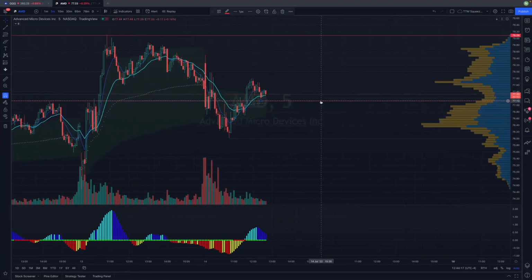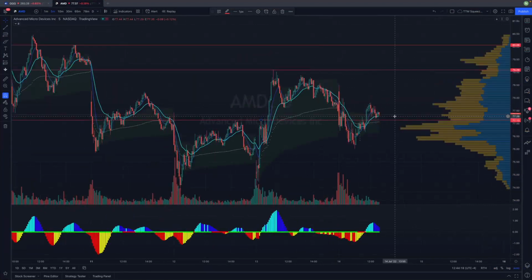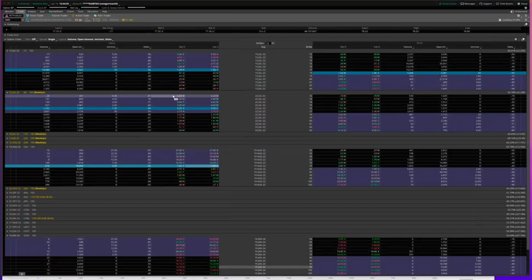If that's my strategy right now, which I don't recommend, by the way, I'm just picking an idea out of the air. I don't think that's actually going to happen. I can come into my option chain and, if I think that's going to happen before the end of the day and I really wanted to place a risky bet, I could buy the at-the-money $77 strikes for tomorrow's expiration.